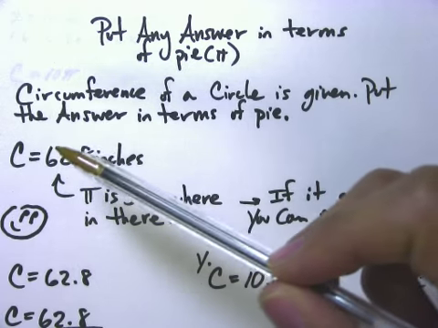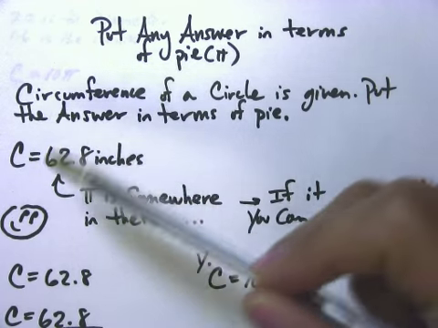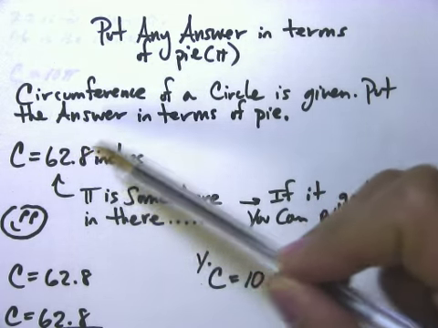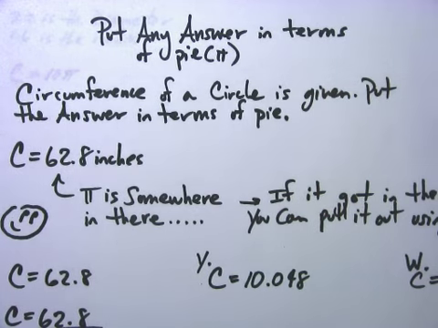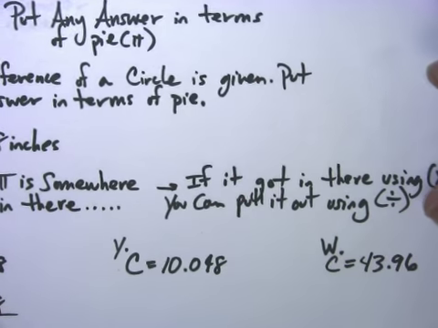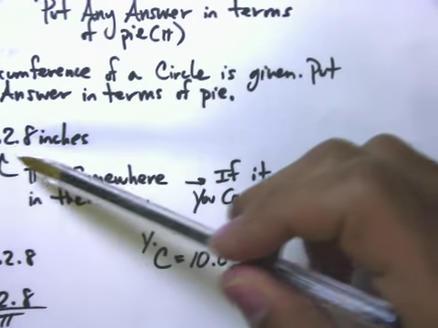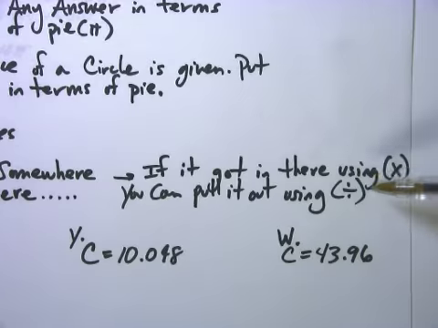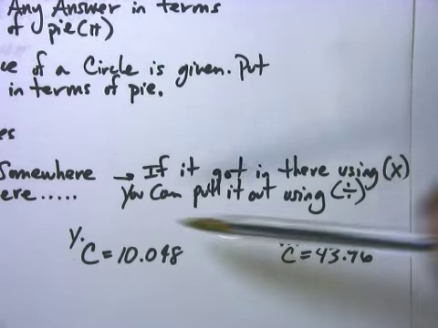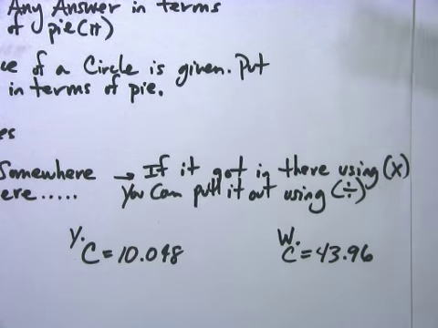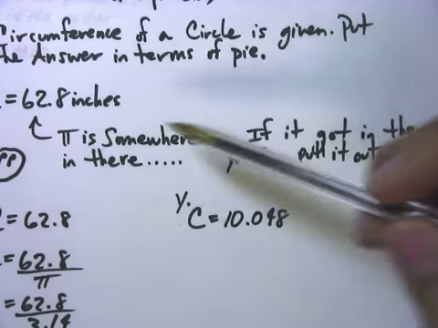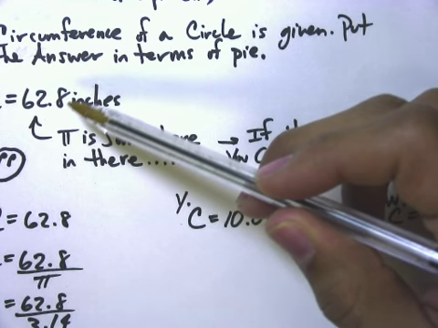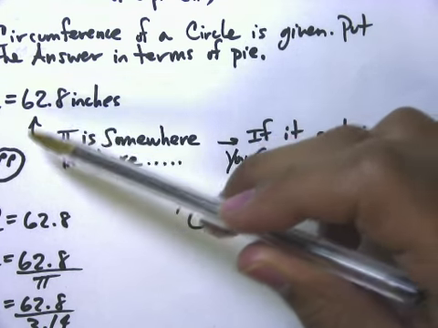How did they come to this number? Well, they did 2 times pi times the radius, and they got all of this, right? So pi is already calculated somewhere in there. Well, the thing you got to remember is that if they got it in there using multiplication, because it was 2 pi r, you can pull it out using division. So remember that in here we have 62.8.